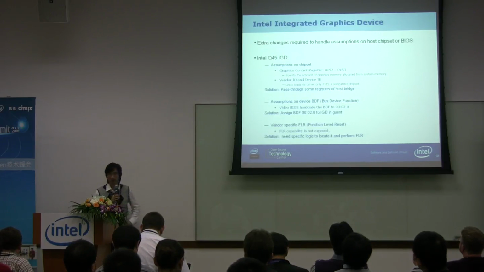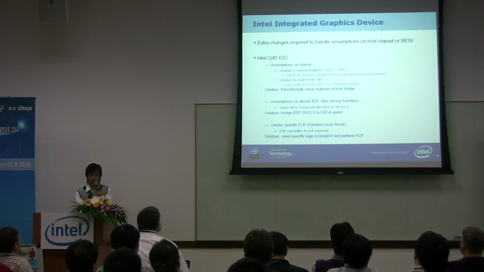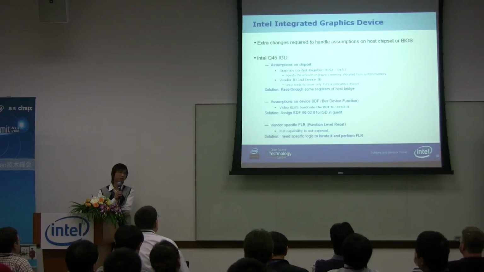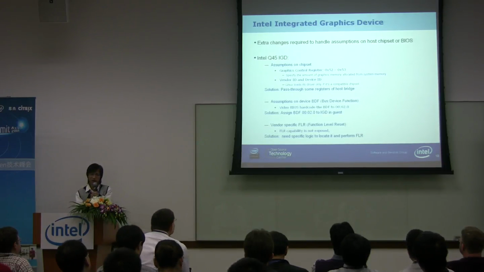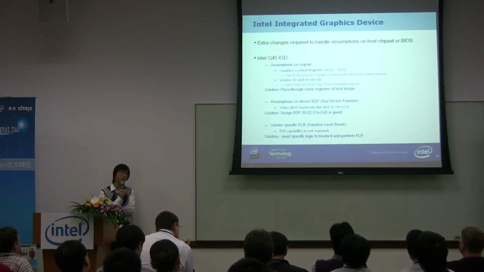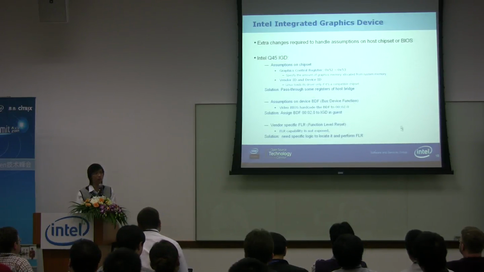Okay, here we will talk about the IGD. For IGD, there need to be some extra changes to handle the assumptions on the chipset or BIOS. The assumptions are mainly common in recent Intel chipsets.